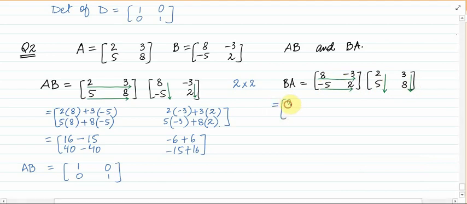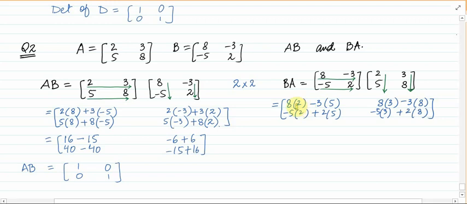So it's 8 times 2 minus 3 times 5, 8 times 3 minus 3 times 8, negative 5 times 2 plus 2 times 5 and negative 5 times 3 plus 2 times 8.